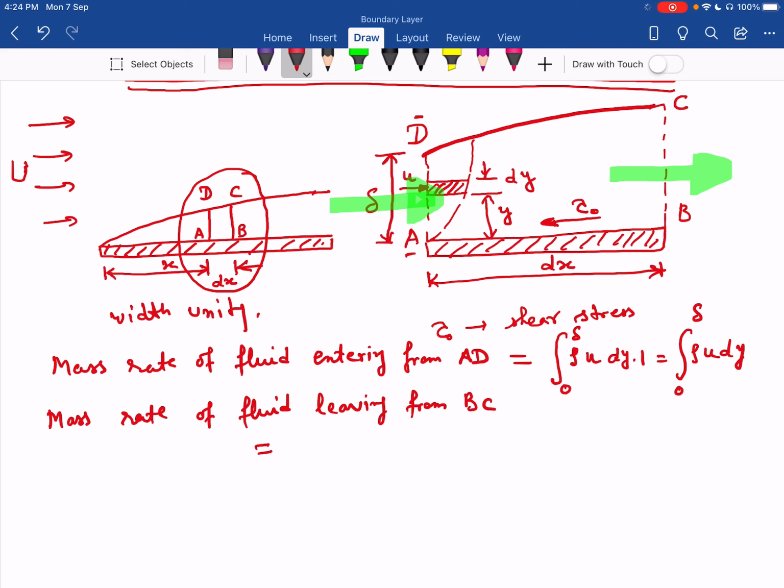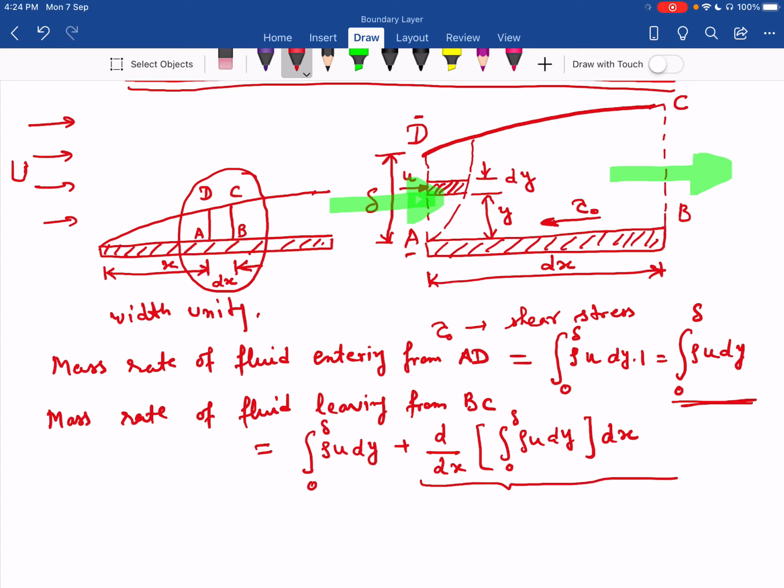So that increment in this term, that I can write as integration of rho u dy 0 to delta plus d by dx of this term rho u dy 0 to delta into dx. So this represents the small increment along x-axis for length dx.